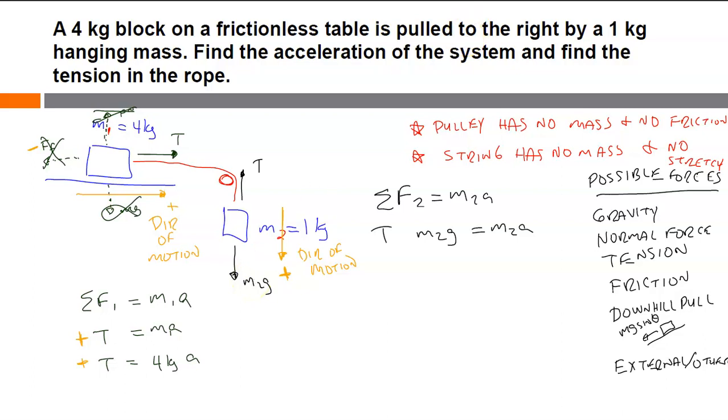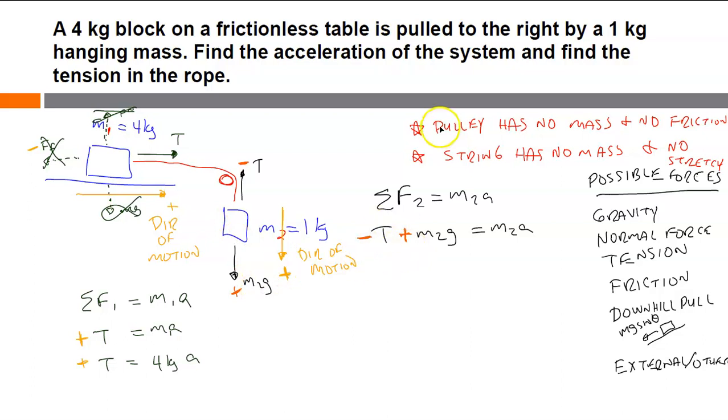But if you want to get this problem right, then you need a minus T and a plus m2g. The direction of motion is positive down, m2g is down, so he gets a plus sign. The tension is fighting that, is backwards. It's slowing it down, it's taking away, it's subtracting, it's negative. All right? That's the trick right there. If you can get those signs right, then you'll be fine.